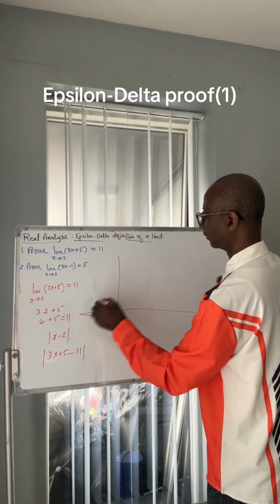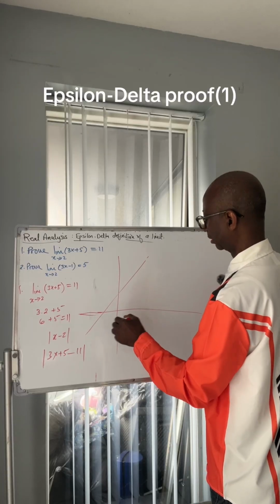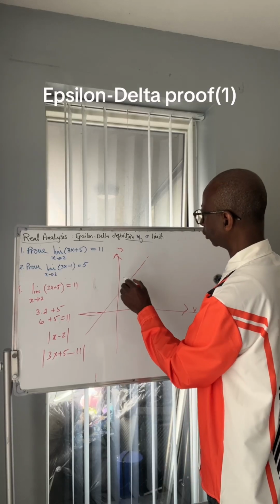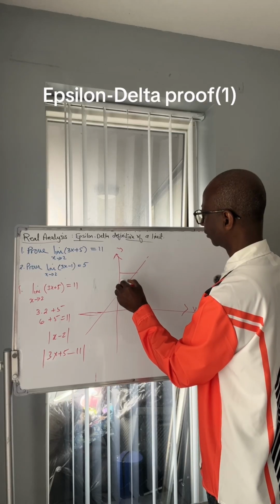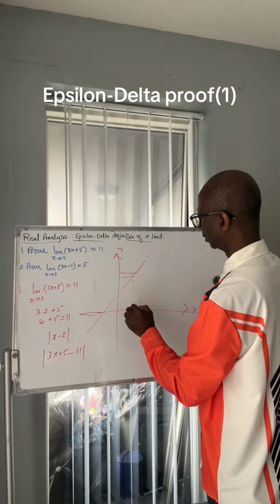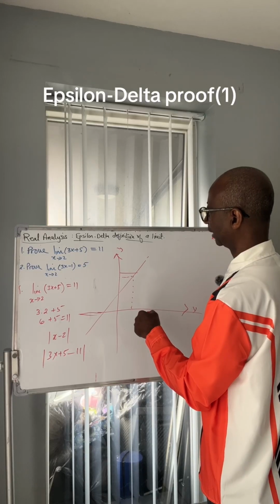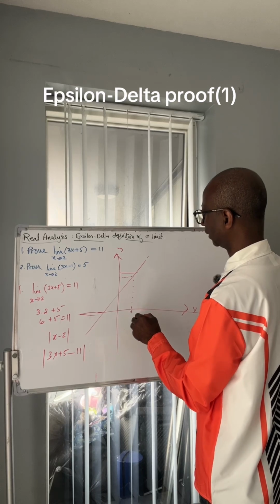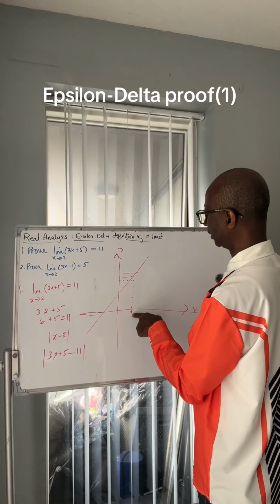That straight line graph? This is your x here, and this is your y here. Just for illustration purposes, this is your 11, your limit is 11.